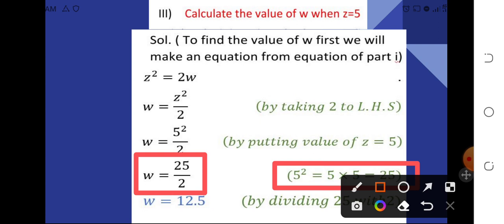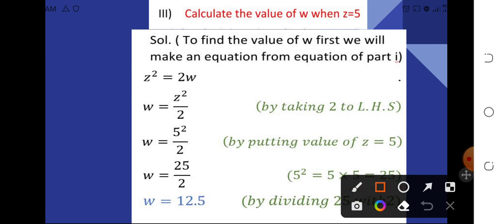By dividing 25 by 2, we get the answer 12.5, and this is the value of W. W is equal to 12.5.